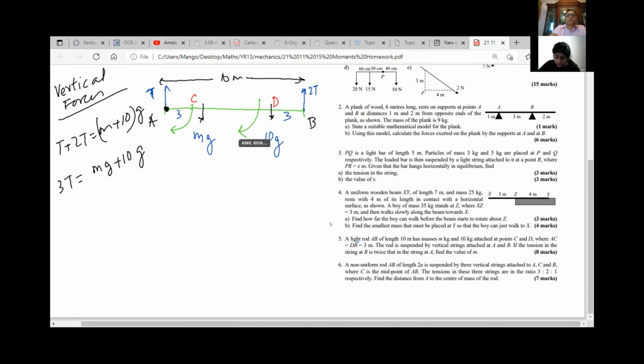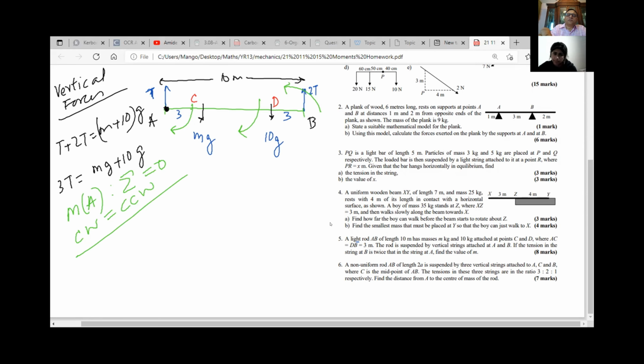However, because of 2T, it is going counterclockwise, correct? We are finding moments at A. And since it is in equilibrium, their sum should be 0. Or we can say clockwise equals counterclockwise, either way.